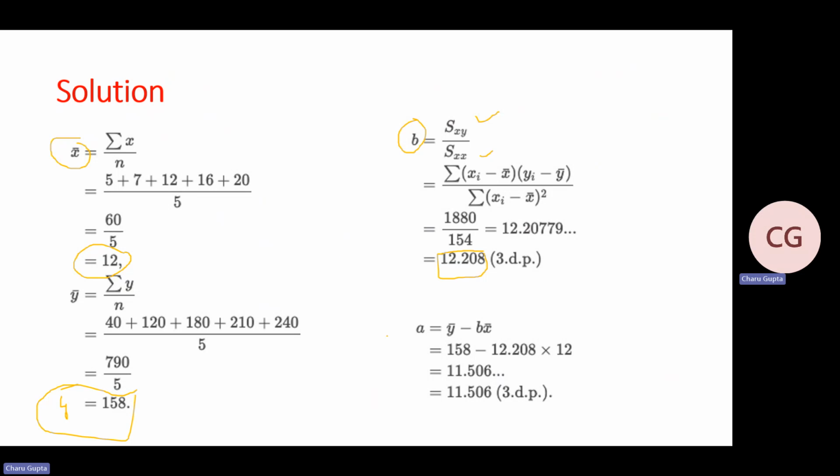Now I have calculated the value of A, right? This is a simple calculation.